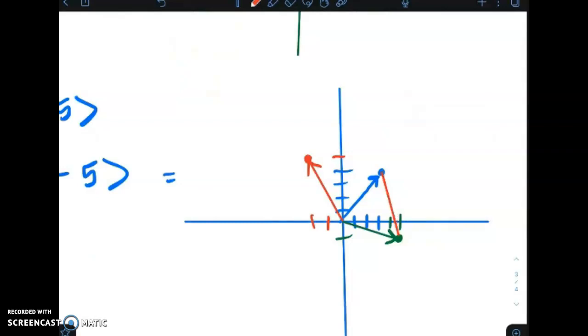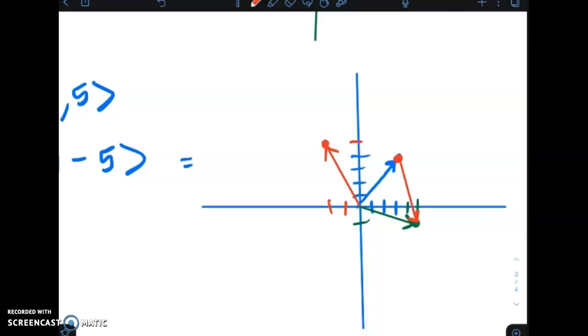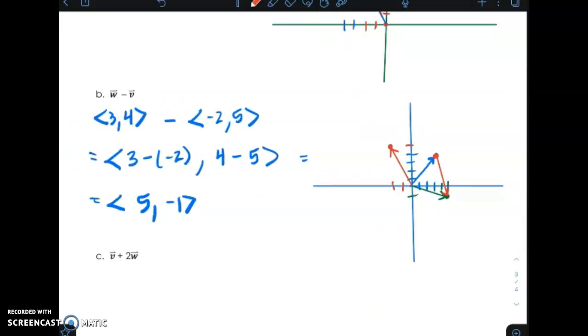So I'm putting the initial point of the red vector at the terminal point of the blue vector, and we've changed its direction. It's now pointing in the opposite direction because we were subtracting. That's how you can see how the green vector was created.